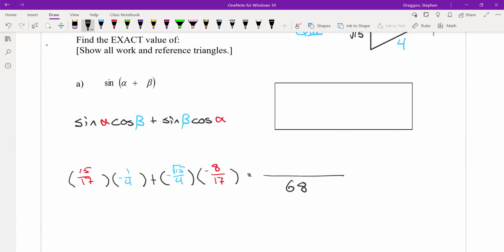But across the numerator, 15 times 1 is 15, plus negative 8 times negative root 15 becomes plus 8 square root 15. Ooh, I've missed a negative sign here, didn't I? Yeah, 15 times negative 1. There we are. Negative 15 plus 8 square root 15, all divided by 68.